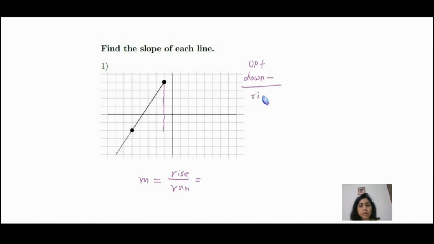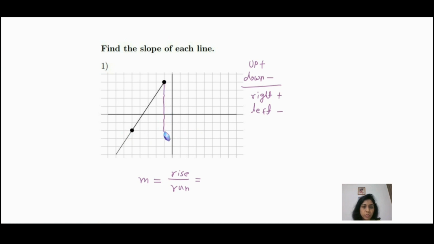Going right side means positive, and left side in horizontal means negative. So in vertical, going up means positive, going down means negative. And in horizontal, going right means positive, and going left means negative.